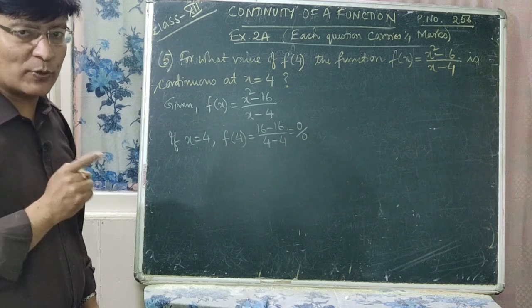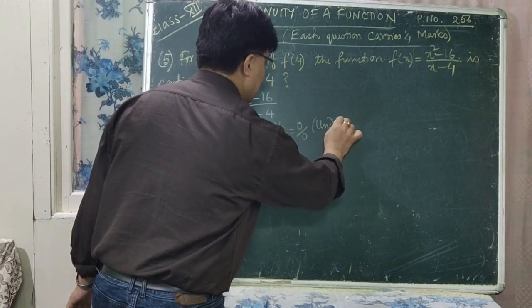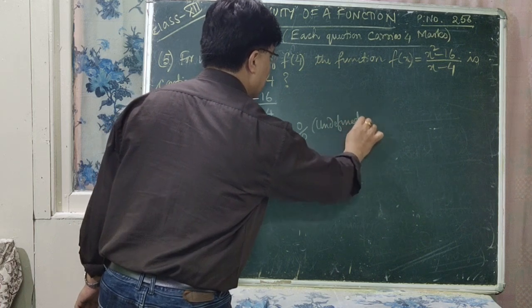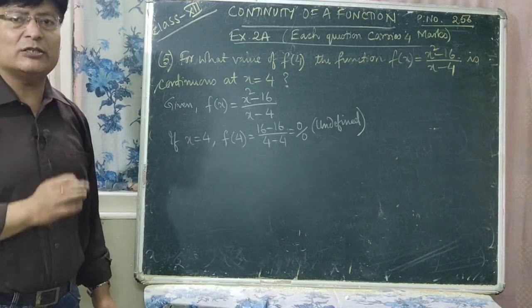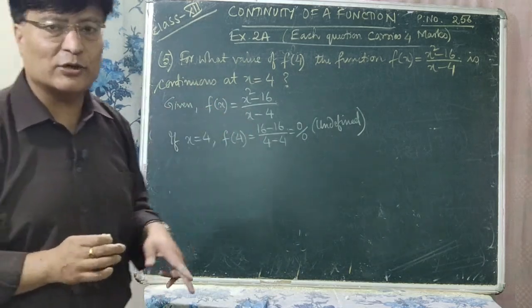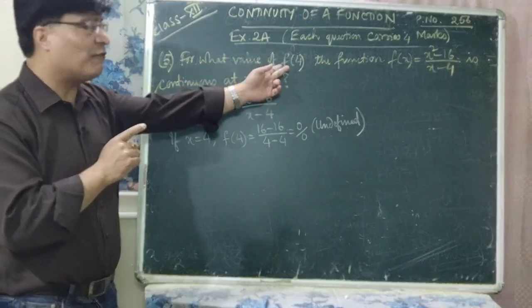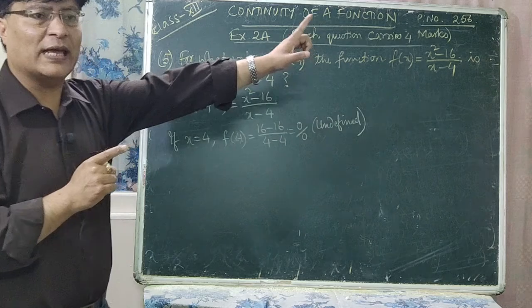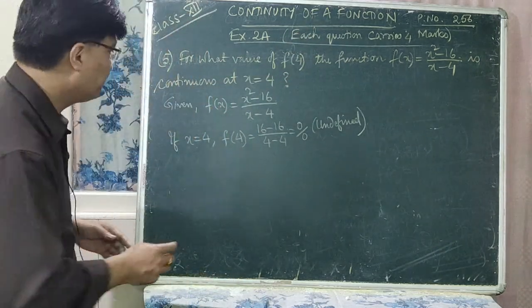I told you about this one also. Or you can write it as undefined. That means undefined is the definition of discontinuity. That is, the function f of x is discontinuous at x is equal to 4. Right? But what should be the value for f of 4 such that the function f of x is continuous at x is equal to 4?